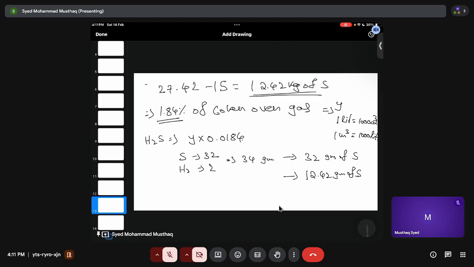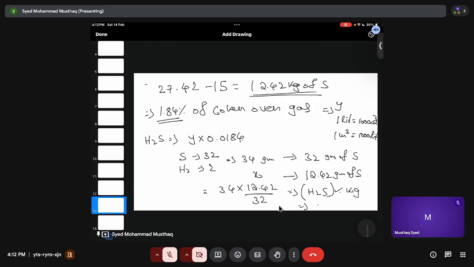So this is my X. 34 into 12.42 divided by 32 will give me the amount of H2S, in kgs. Now I need to convert into moles.